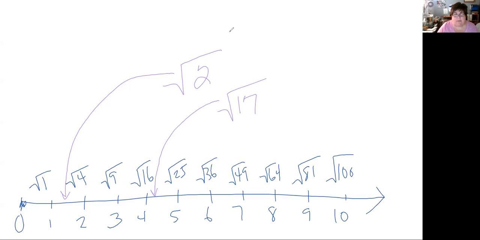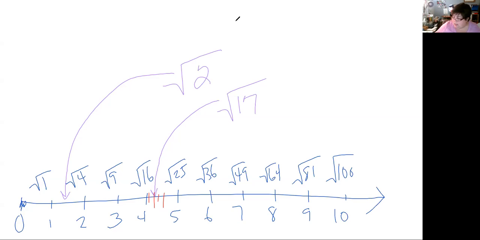What you actually have to do is know that when you're trying to find the square root of something, and it's not one of these that's an exact square root, it's going to be somewhere in between, and we have to place them as best as we can. So we're going to break this area between 4 and 5 into 4.1, 4.2, 4.3, 4.4, and then determine where on that number line it's supposed to be. And you're going to be doing a lot of trial and error multiplication.